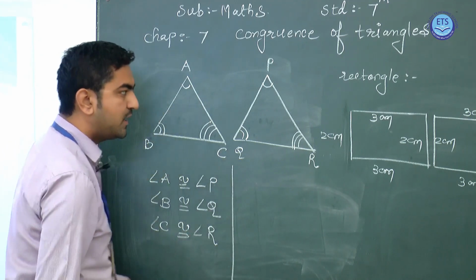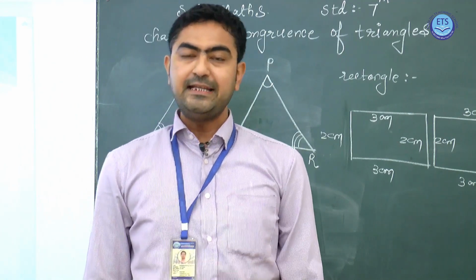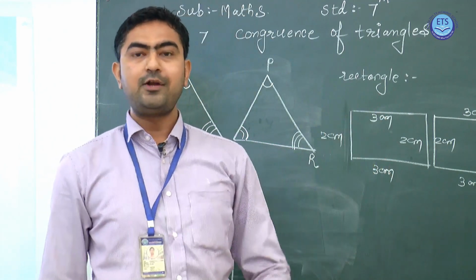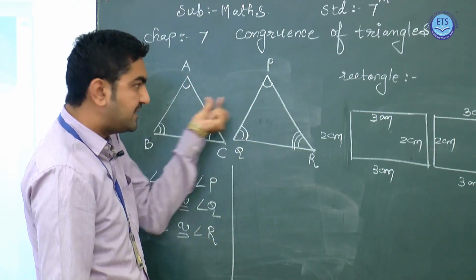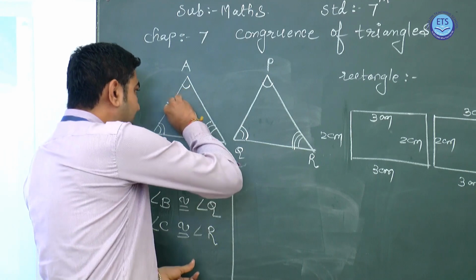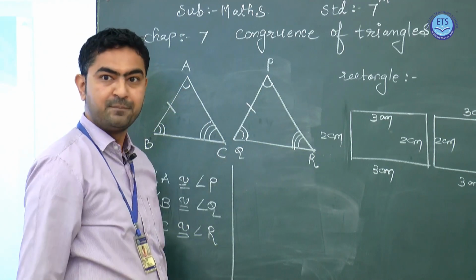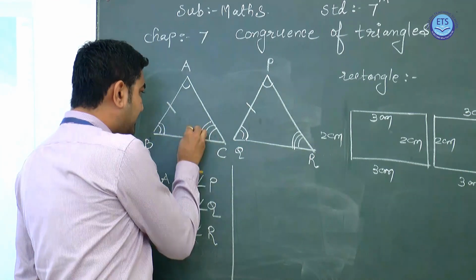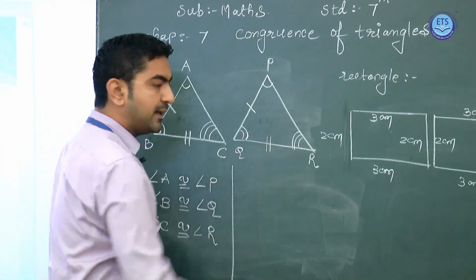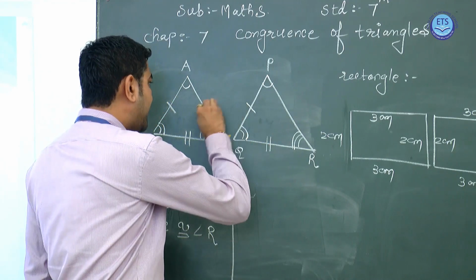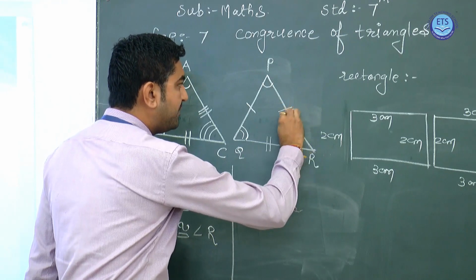Now the corresponding sides of the two triangles. In these two triangles, which are the corresponding sides? Line segment AB corresponds to line segment PQ, line segment BC corresponds to line segment QR, and line segment AC corresponds to line segment PR.